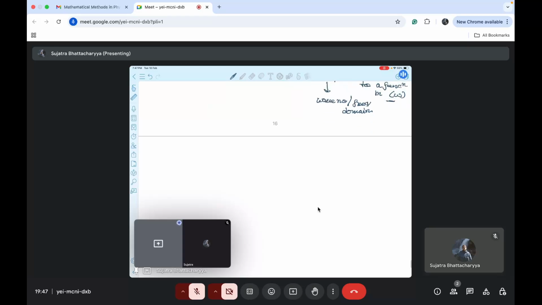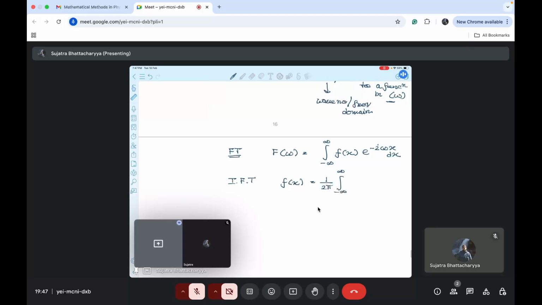What happens is that we generally write the Fourier transform without the 1 by 2 pi term, as the integral from minus infinity to infinity of f of x e to the power minus iota omega x dx, and the inverse Fourier transform as f(x) equal to 1 by 2 pi times the integral from minus infinity to infinity of f of omega e to the power iota omega x d omega.